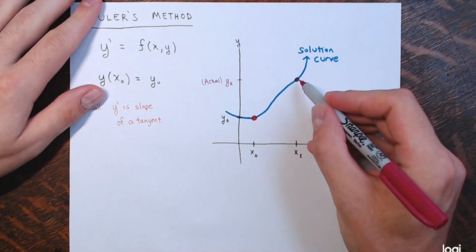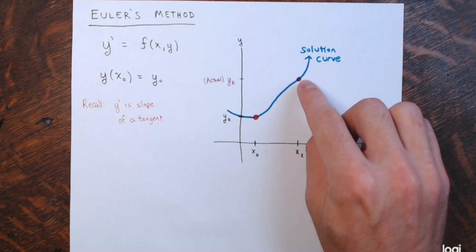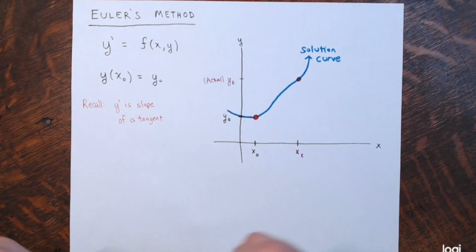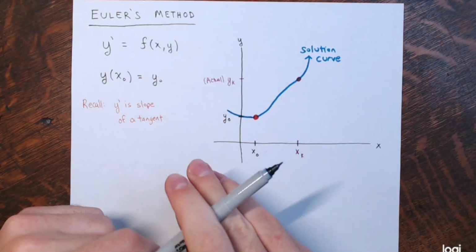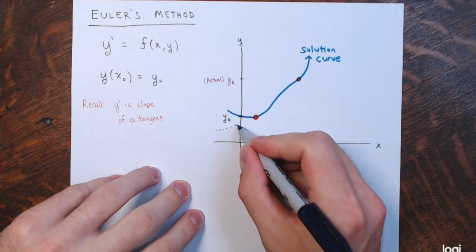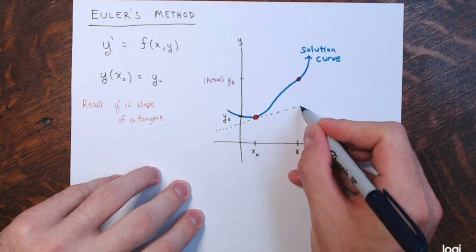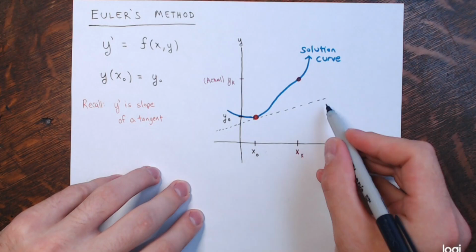So if I want to get up here eventually, to approximate the value at this point, I take the tangent line at the point that I'm given, the initial condition. There's the tangent line.